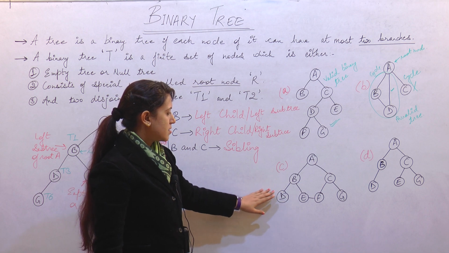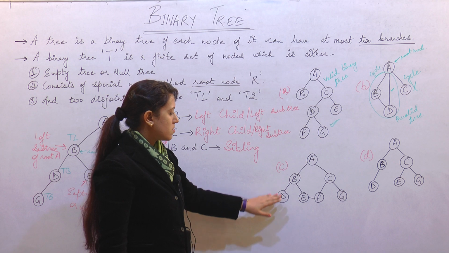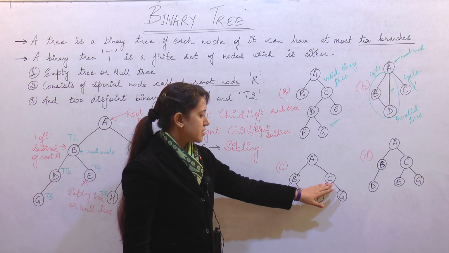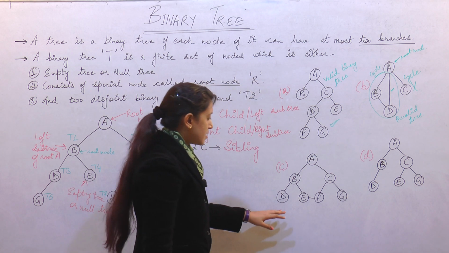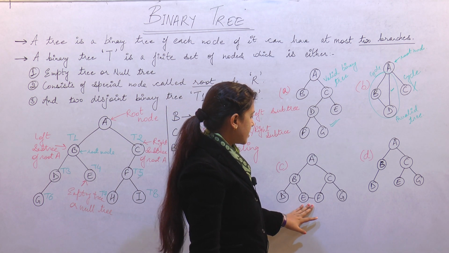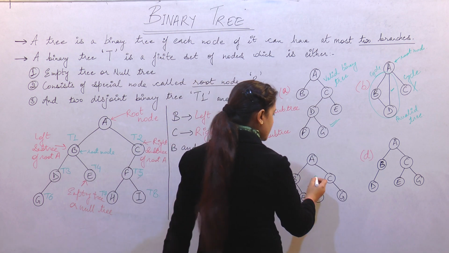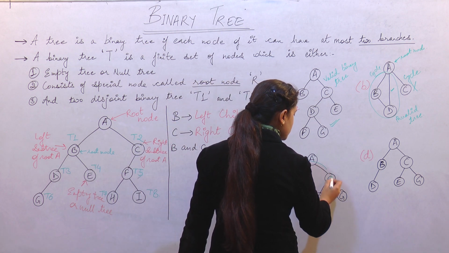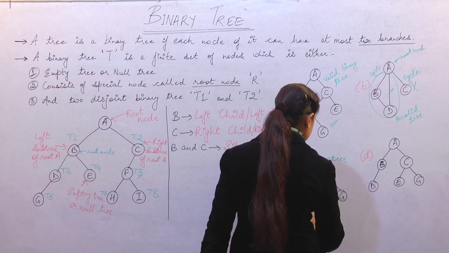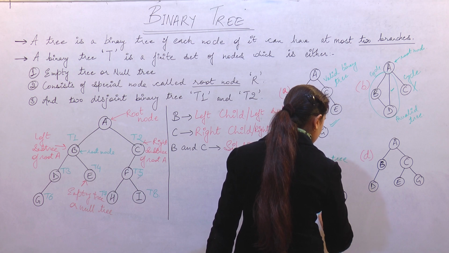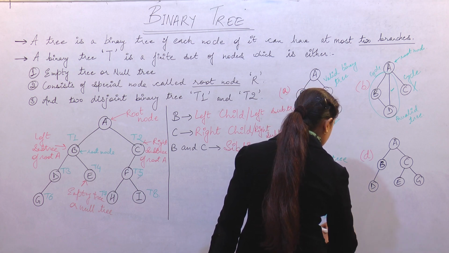Coming downwards, on considering B as next root node, B is also having two children D and E, C is also having two children F and G. But the extra edge that is connecting E to F is again making a cycle, which is not allowed in a tree. So this also becomes an invalid binary tree.